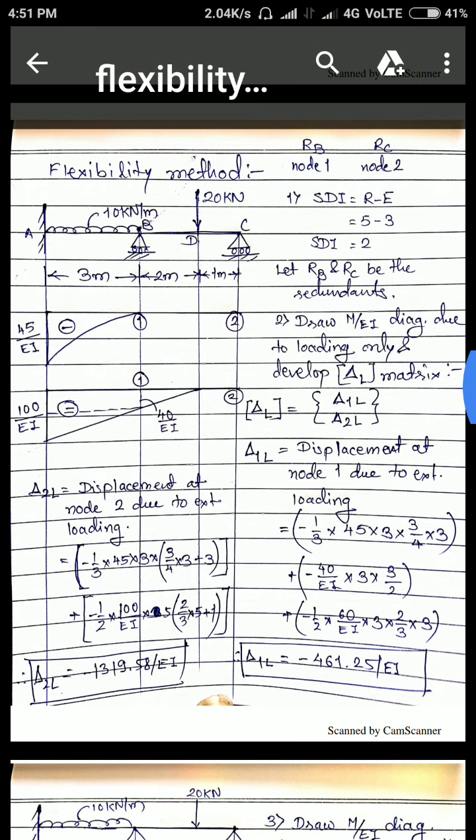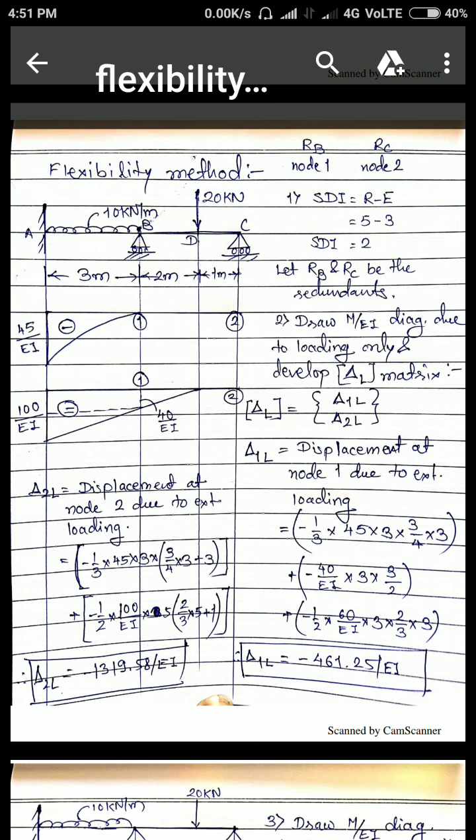Once again we will discuss how to find this delta 2L. Now we are interested in the displacement at node 2. That means you have to measure the distances of your areas from node 2 only. Okay, so first, if you are targeting the first parabola, the area of the parabola is 1/3 into base into height.